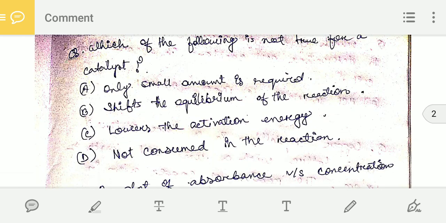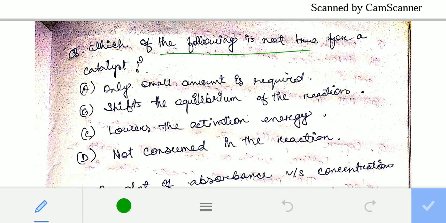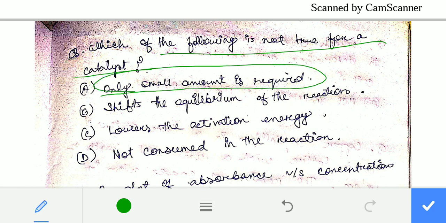Moving to the next question: which of the following is not true for a catalyst? The first option says only a small amount is required. Yes, a catalyst is always taken in a small amount.